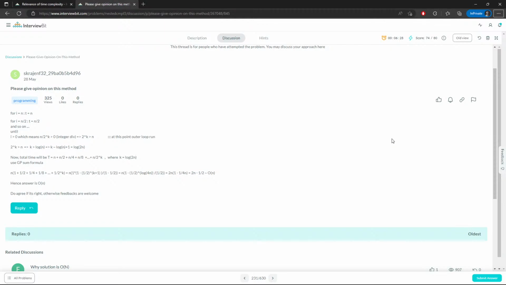I equal to n, t equal to n, I equal to n by 2, t equal to n by 2, and so on. So he is saying the outer loop is running for log n times, which was very clear. We forget about that. We just want the thing for the inner loop. What do we do for the inner loop?